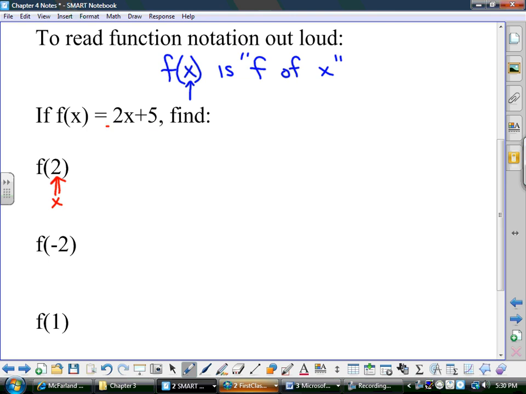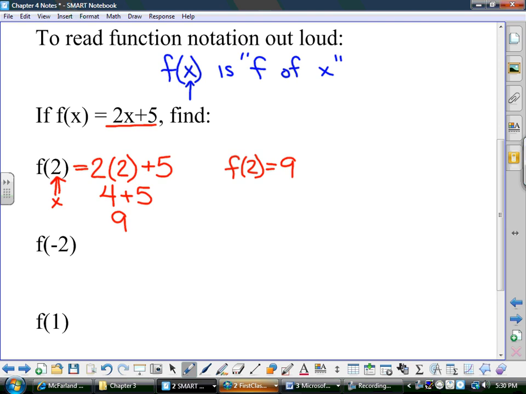The rule, in this case, is 2x plus 5. So if I want to know what f of 2 is, f of 2 equals 2 times 2 plus 5. So that's 4 plus 5, or 9. F of 2 equals 9.